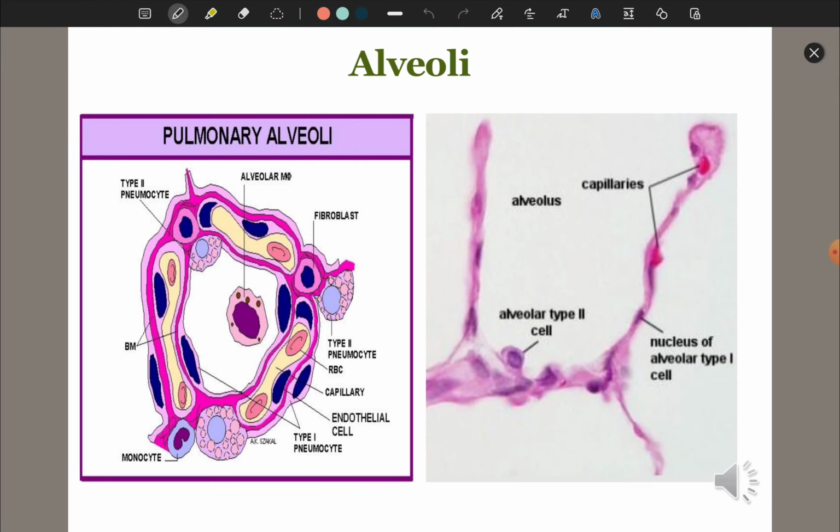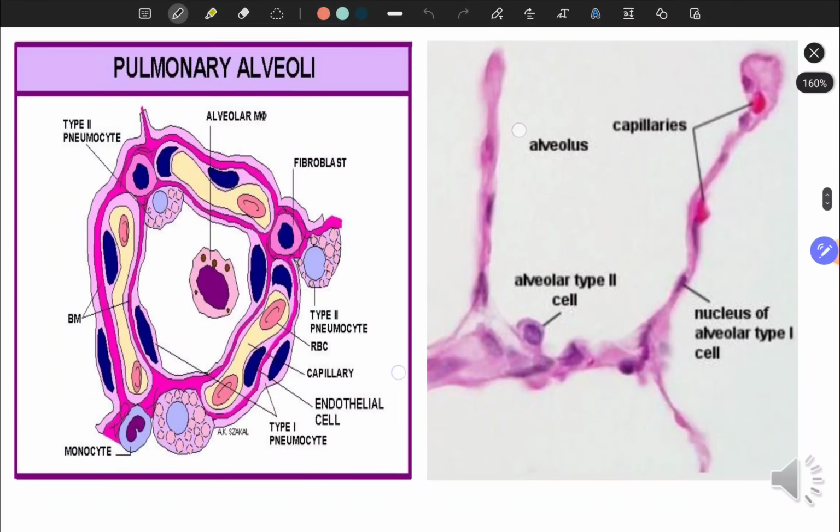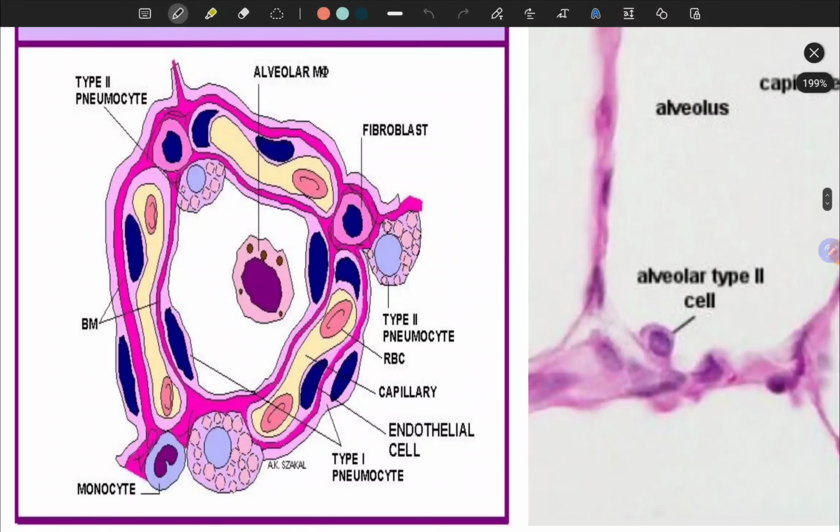So here in the diagram, you can see this is the wall composed, if we count the layers from inside, this is the cavity of the alveolus. You can see here the first layer is composed of simple squamous epithelium.